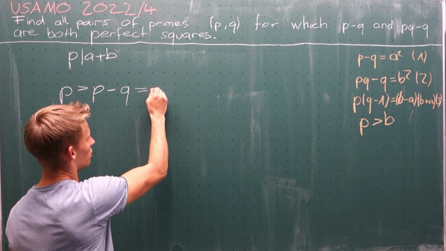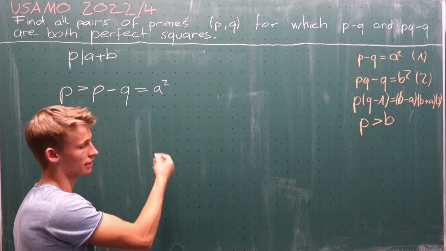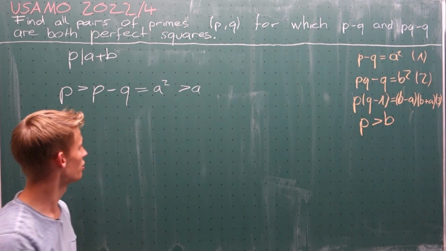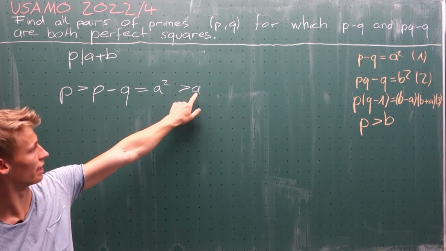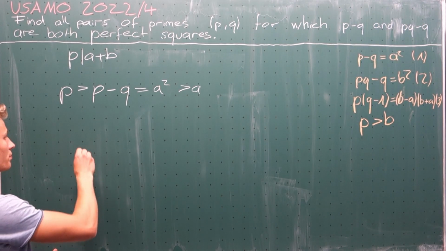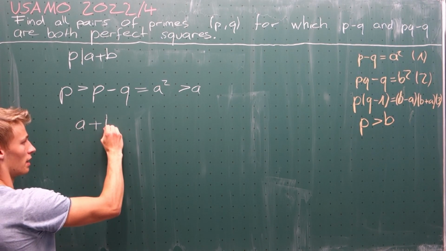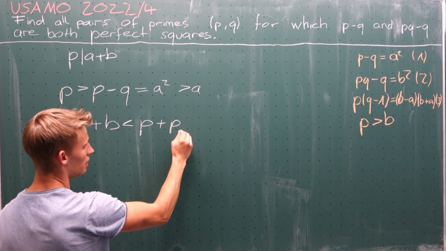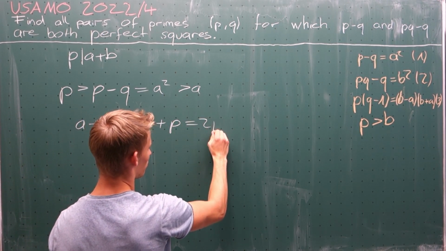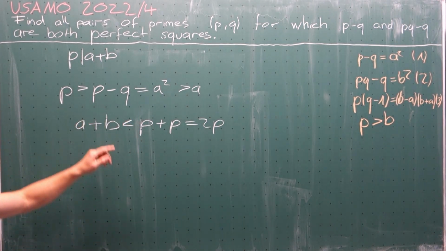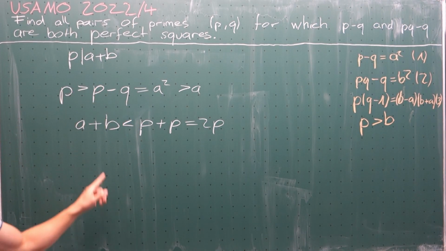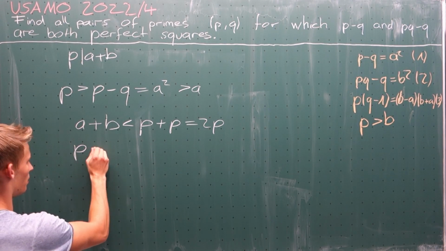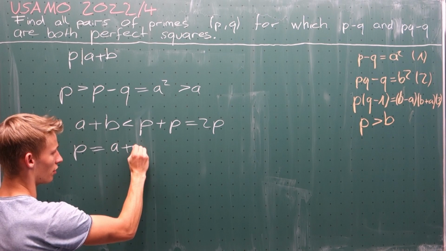This is equal to a squared, and this is clearly greater than or equal to a. So we also know that p is greater than a. Therefore, a plus b is less than p plus p, and this is equal to 2p. But now, since p divides a plus b, and a plus b is smaller than 2p, p must be equal to a plus b.